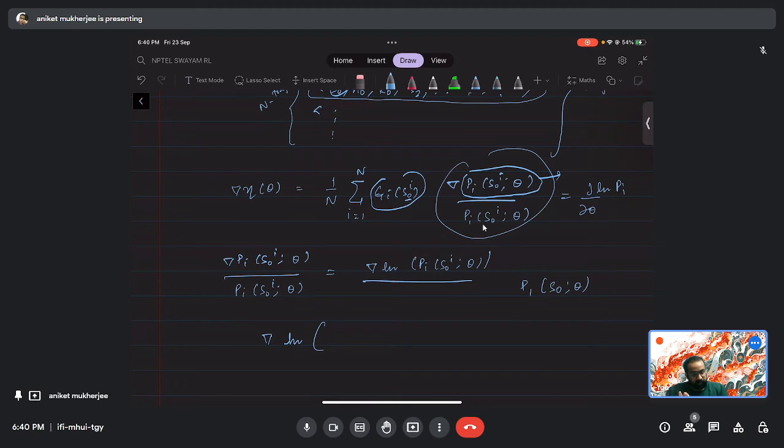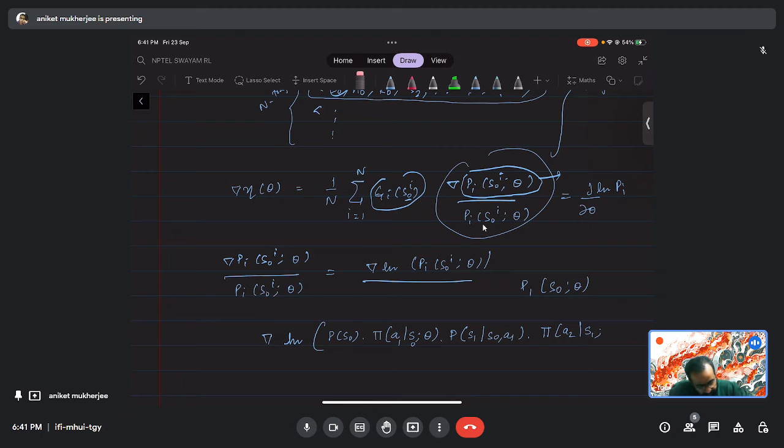First you have S0, the probability of being at S0, times what your policy gives: the probability of the action given the state, pi(A0 | S0). Then P(S1 | S0, A0), and then pi(A1 | S1).